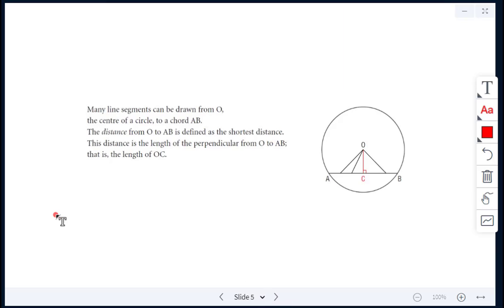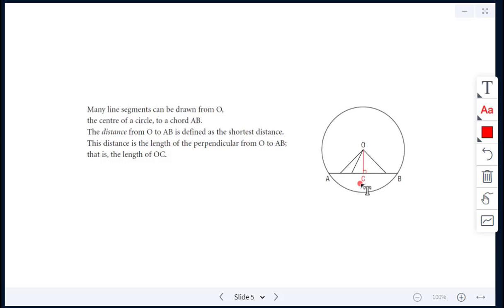So many line segments can be drawn from the center. In this case, the center is O. Here's our chord. The chord is AB. You can draw many line segments from the center to the chord, but it's the distance from O to the chord AB that is the shortest distance.